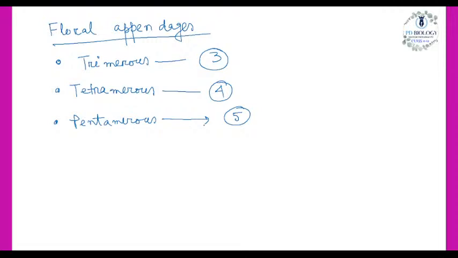And based on the position of calyx, corolla and androecium, there are different types of flowers. On the basis of their position, see how they are differentiated. That is hypogynous. Remember this one?